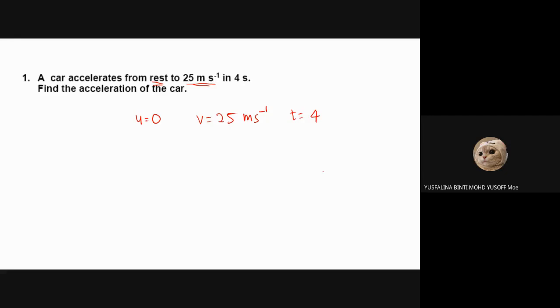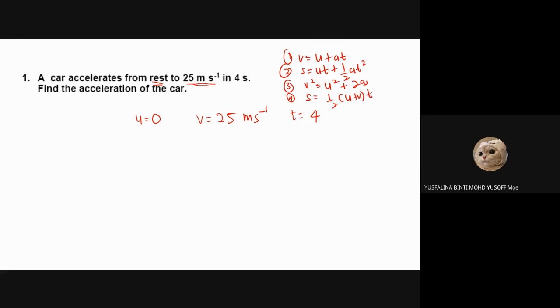So I just put the equations here. V is equal to U plus AT. Second, S is equal to ut plus half AT squared. Third, v squared is equal to u squared plus 2as. And the last one is S equals half (u plus v) times t.